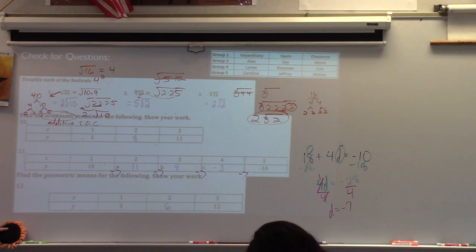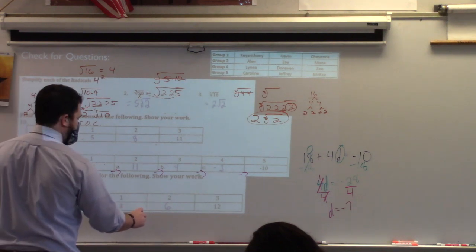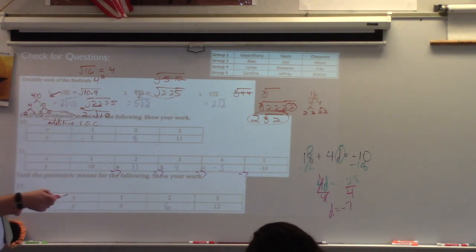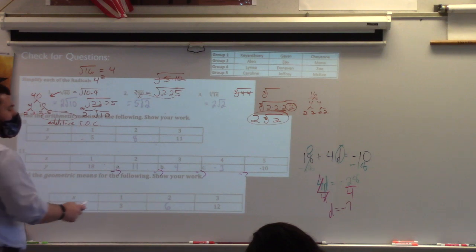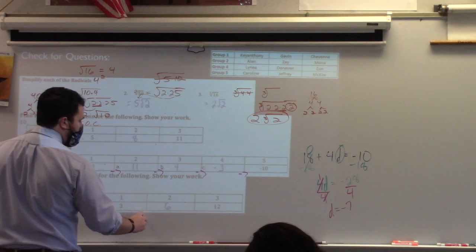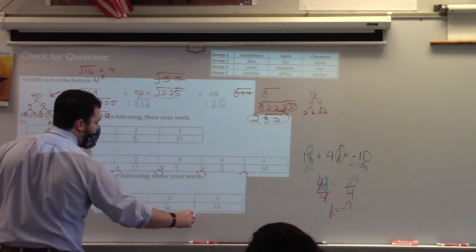Okay, so what are we going to multiply by? 3 times 2D. So we use D because it's called a common difference. Rate of change. Isn't there a rate of change? It is a rate of change, but they're both rates of change. What's the multiplicative rate of change called? Common ratio. So multiply by R.